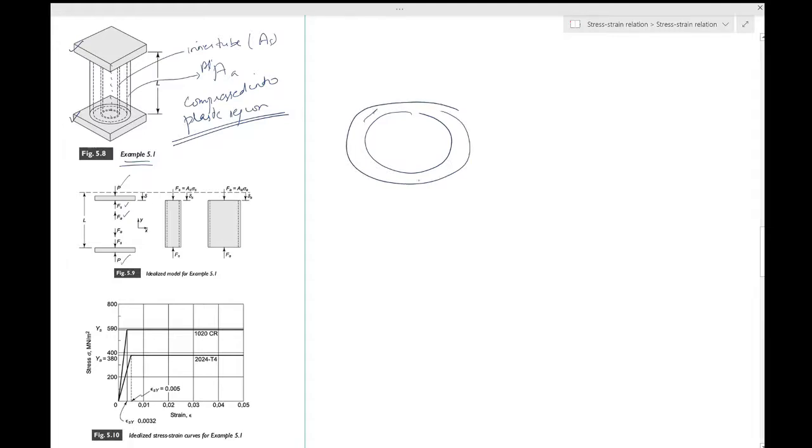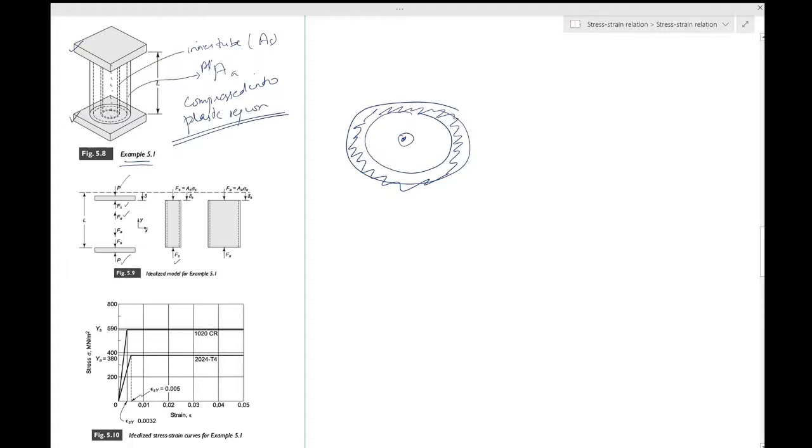Because of the symmetry we assume that all of the force acts in the center for both the tubes. Then you draw the model of the steel tube. You already know from your experience that this dashed line means a hidden profile. The outer profile is a solid line that you can see, the inner one is hidden.